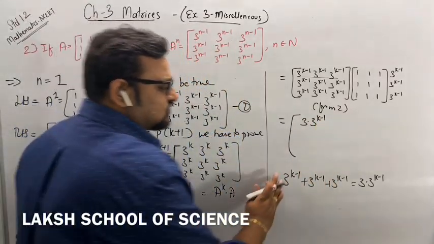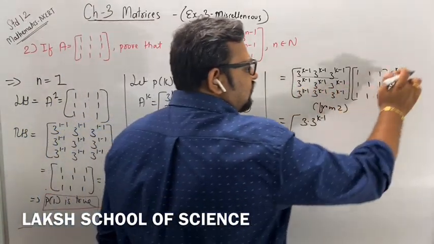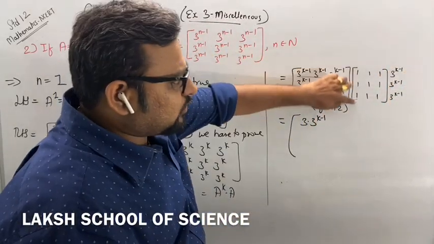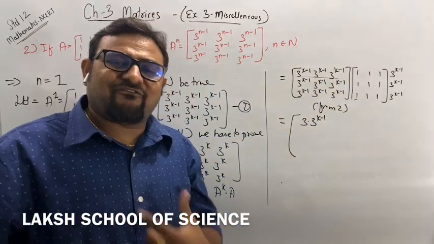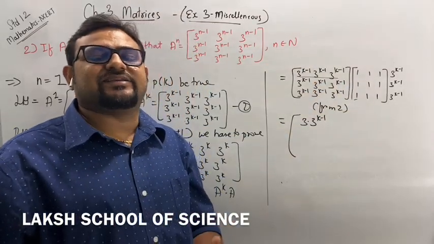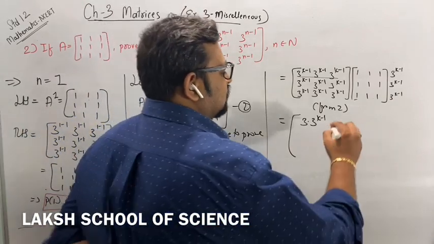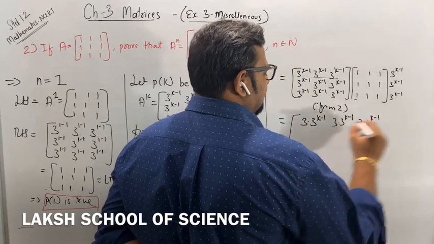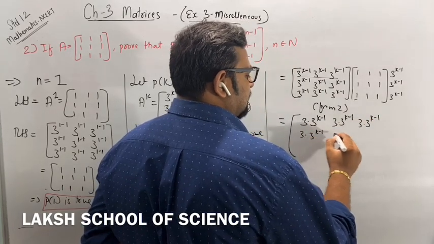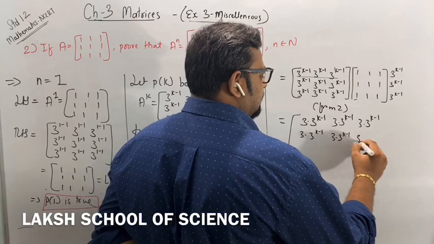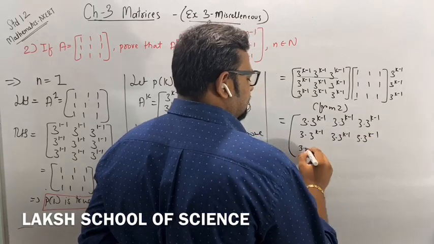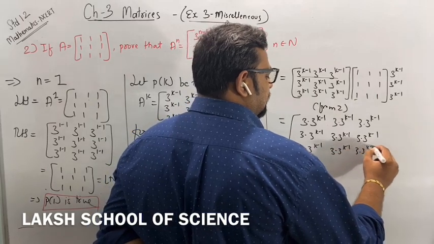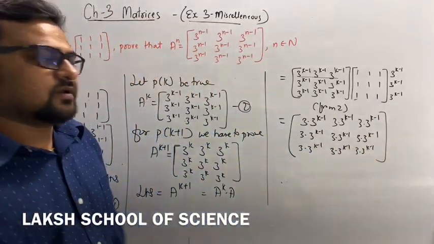Now see, when I take the second row, then also it will be the same. Third row, then also it will be the same. Here also 1, 1, 1, 1, 1, 1, 1, 1, 1. So every time I will get the same number, 3 into 3 raised to k minus 1. Clear?